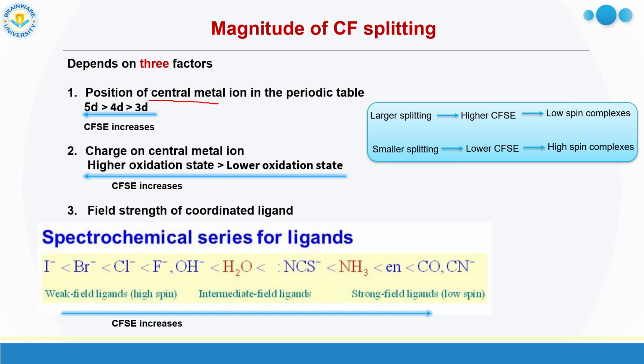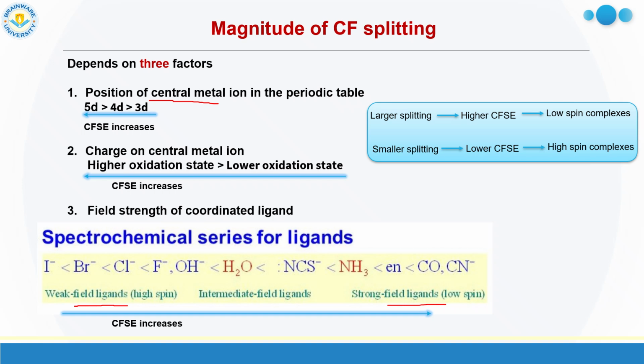Ligands that interact to a lesser extent with the metal are called weak field ligands, as you can see on the left-hand side, and ligands that interact to a greater extent are called strong field ligands. Depending on their field strength, that is their ability to interact with the metal center, they can be given in a series in increasing order. That series is known as the spectrochemical series.